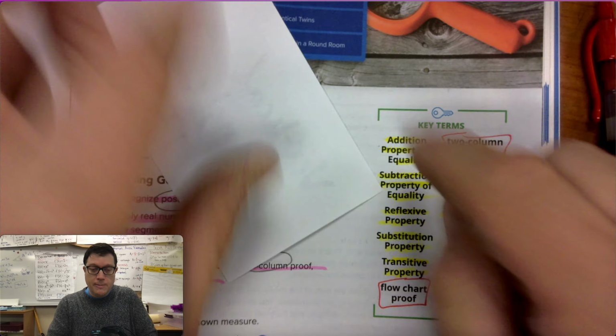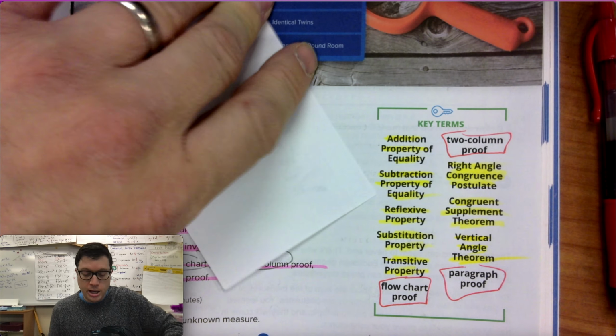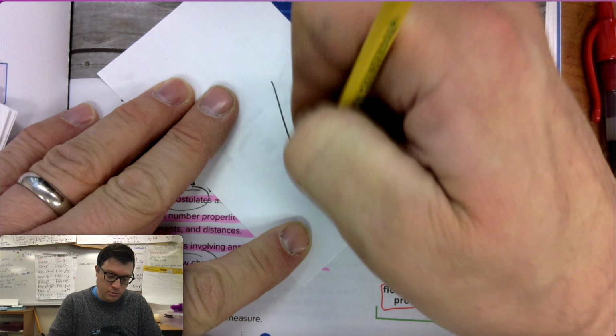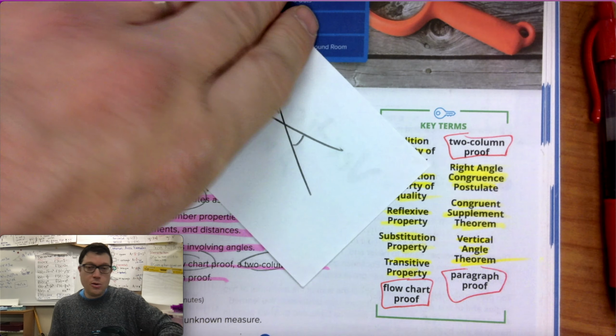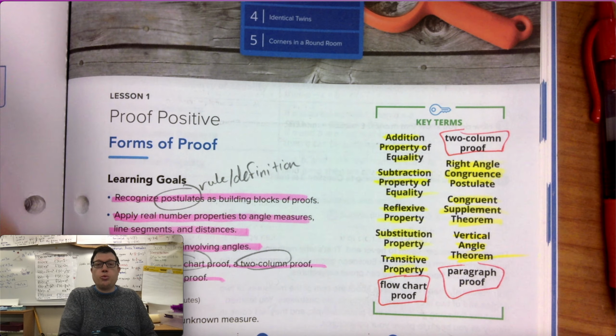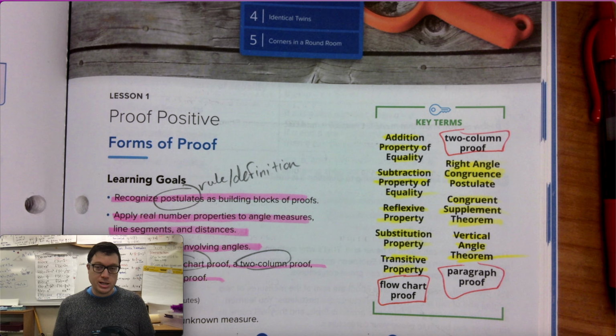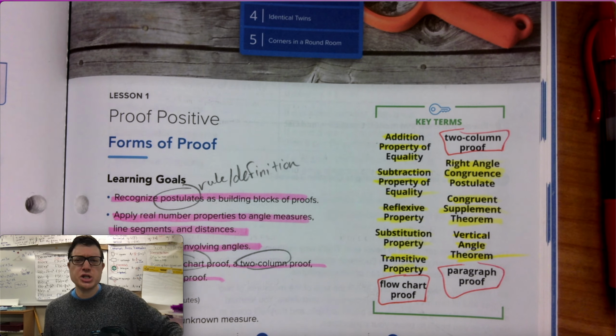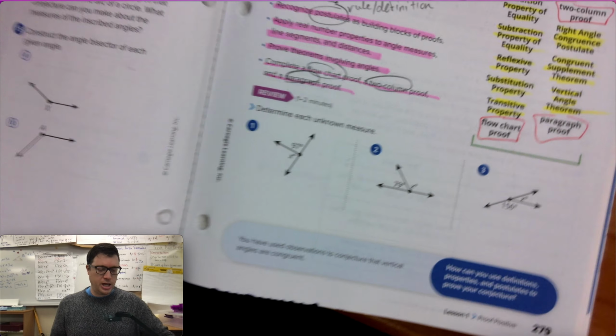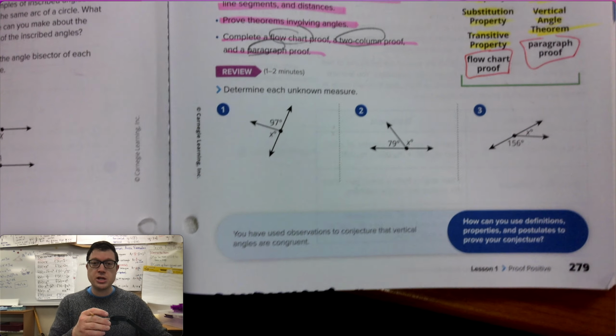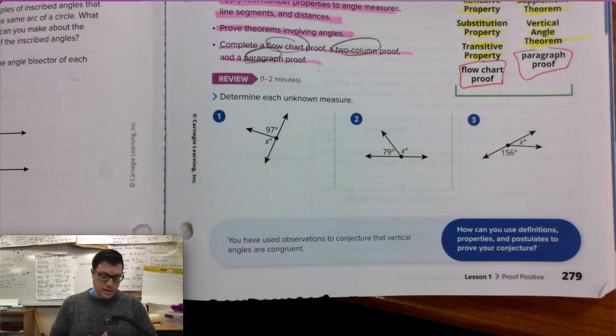Maybe you draw an example of a vertical angle on the back. I'm going to do that right now. Say what it is for vertical angle. We want to be able to remember when that happens, what it was that we need to use. Let's finish the review section for this page, and then we'll finish the video, and you can get on to the next parts of your lesson.